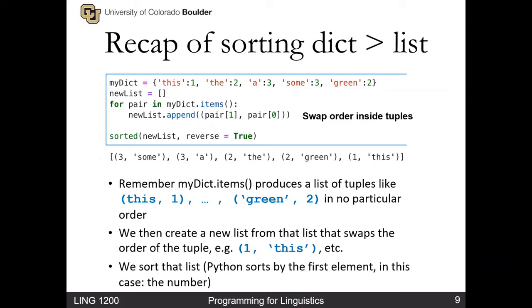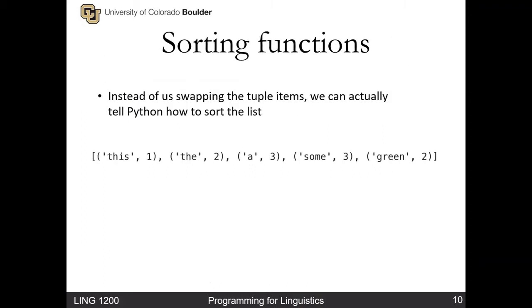And then we can sort that list. Since we swapped the order of the tuples, when we use sorted, it's going to look at each tuple and sort by the first element in the tuple, which in this case, since we've swapped the order, is the value, or the number. Okay, so that's what we did before, and that's one way to do it.